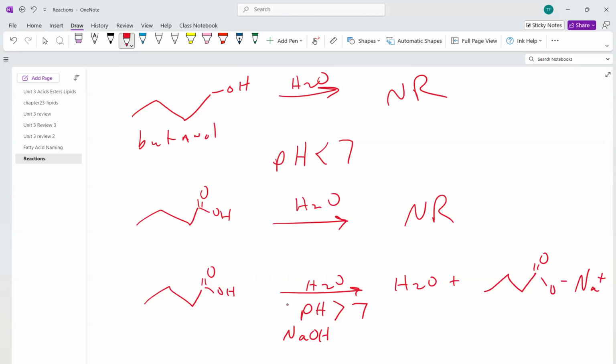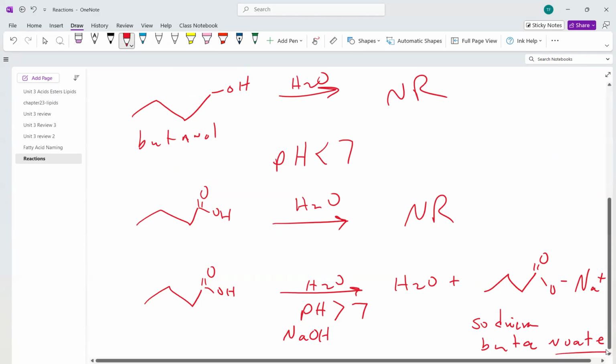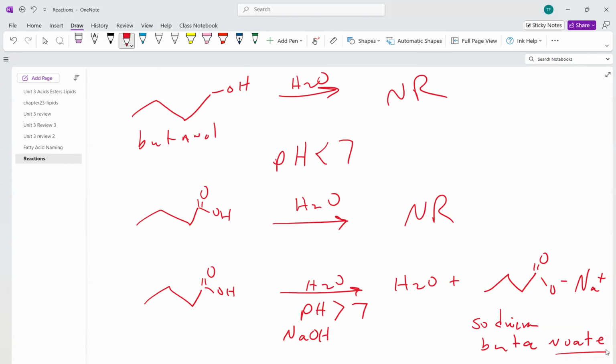So that's going to be sodium butanoate. Okay. So whenever you see that, it's a salt. Okay, so you need to know this. 3 different pHs, what happens to acid?